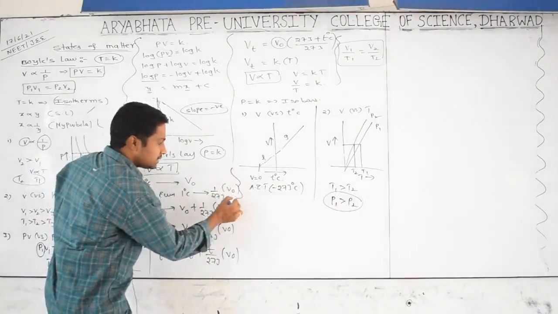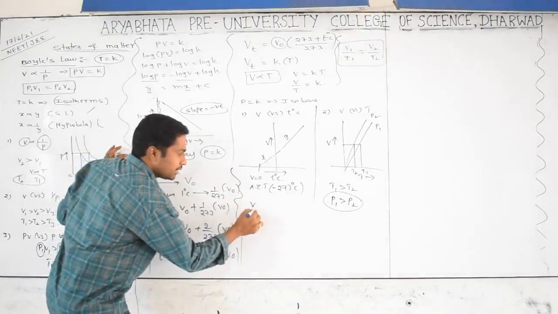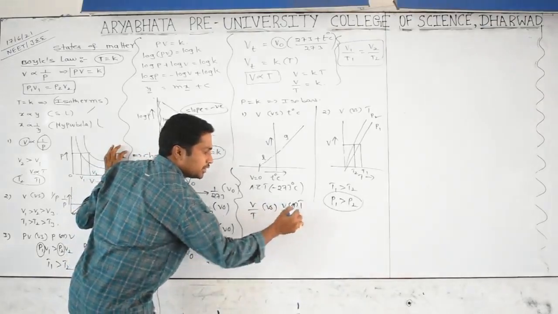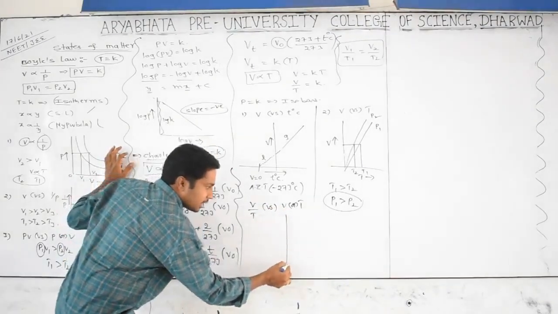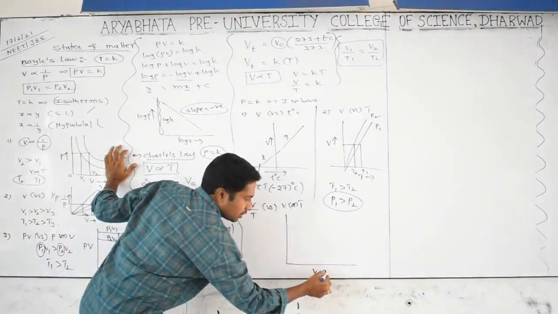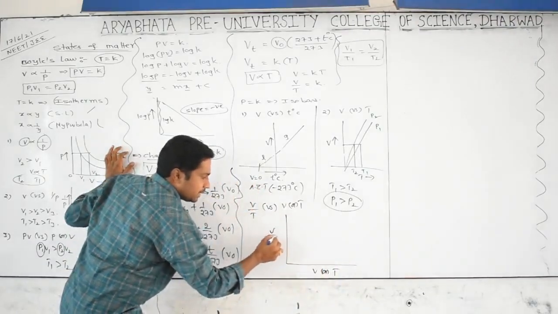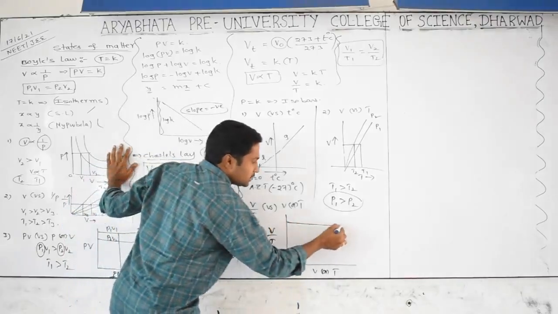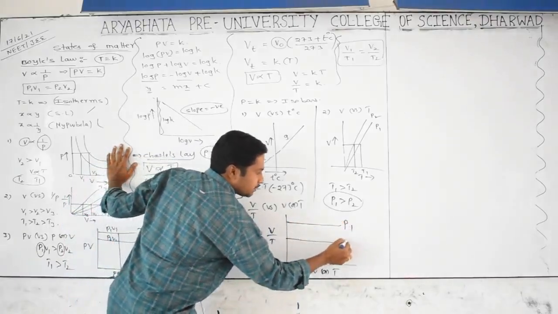Now we can see some other graphs: V/T versus temperature. If we take V by T values on the y-axis, V by T always maintains a constant, at pressure P1. This is at pressure P2.